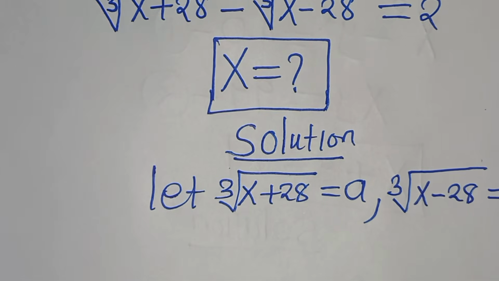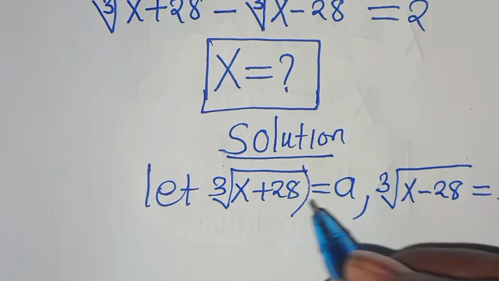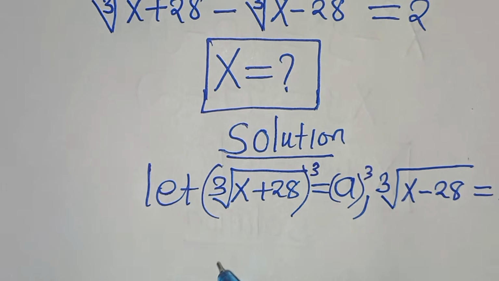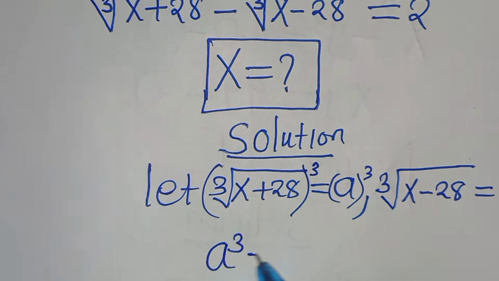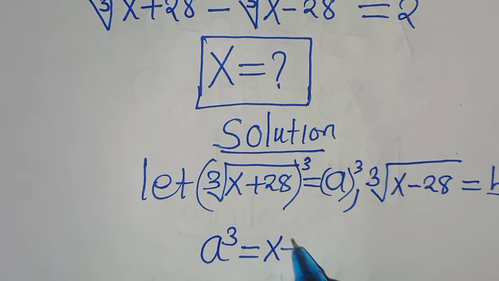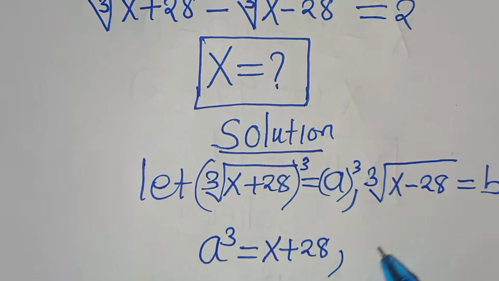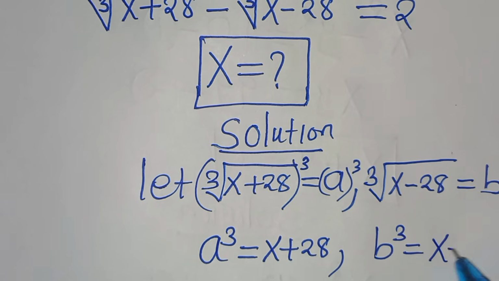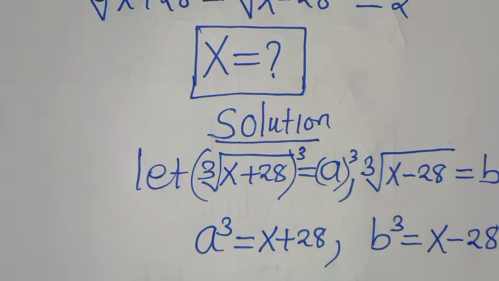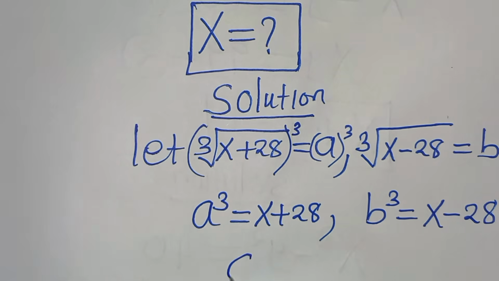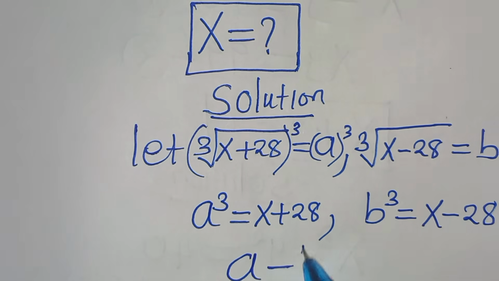Now if we raise to the power of 3 on both sides, a to the power of 3 is the same thing as x plus 28. On the other side, b to the power of 3 is the same thing as x minus 28.